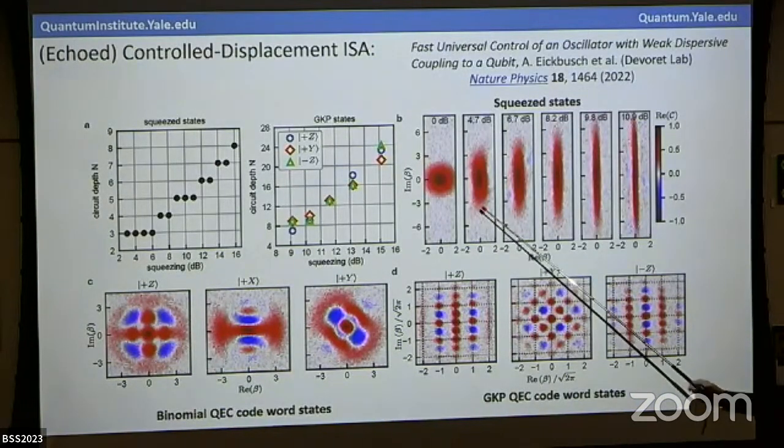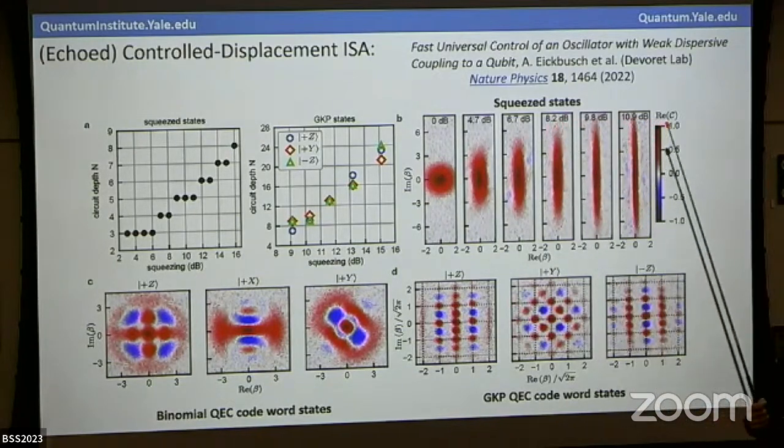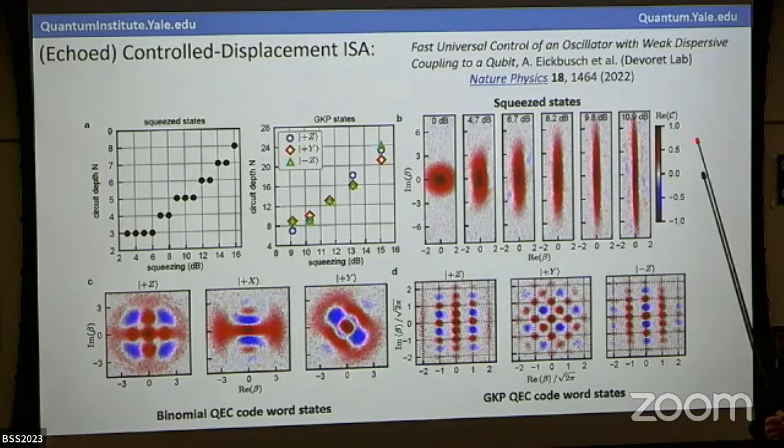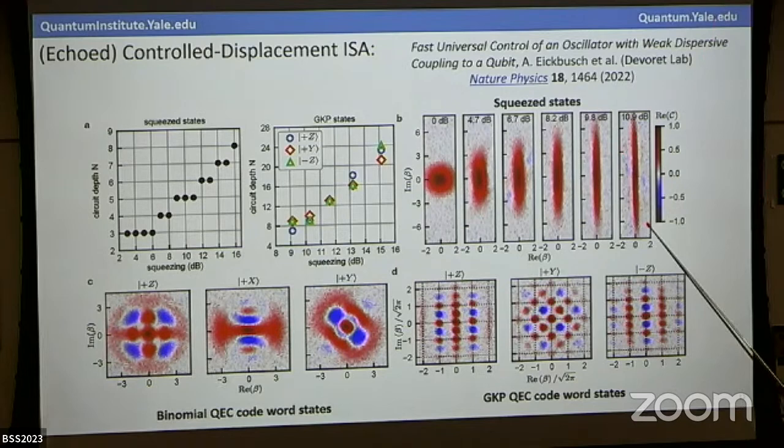You can make squeezed states. Here's the vacuum. Now I can make the uncertainty in X much smaller, but by the Heisenberg principle, the uncertainty in P has to be much larger. So here's an 11 dB squeezed state.